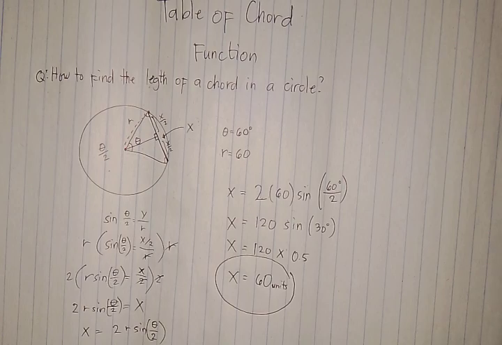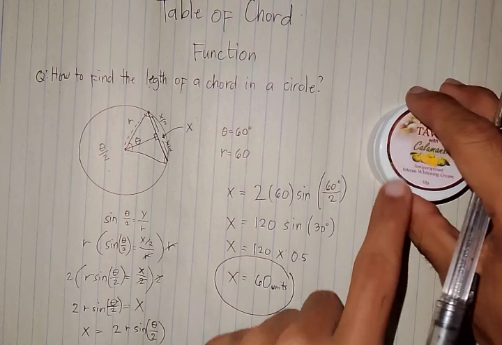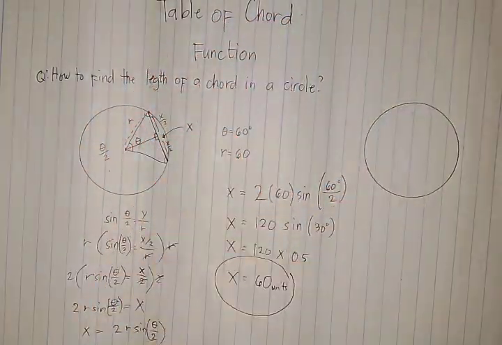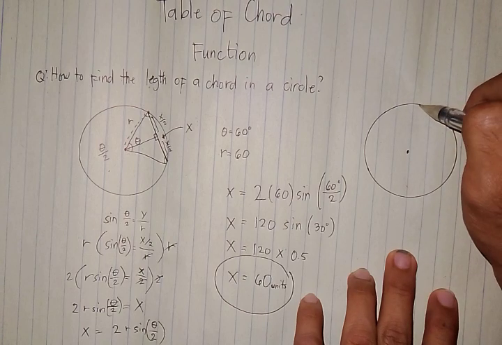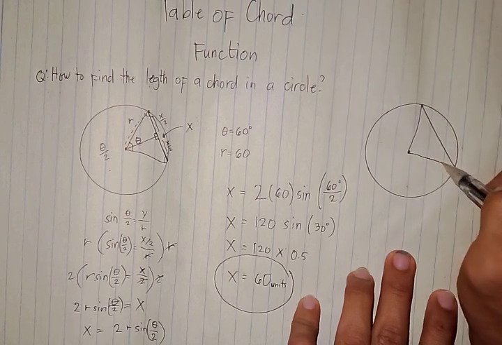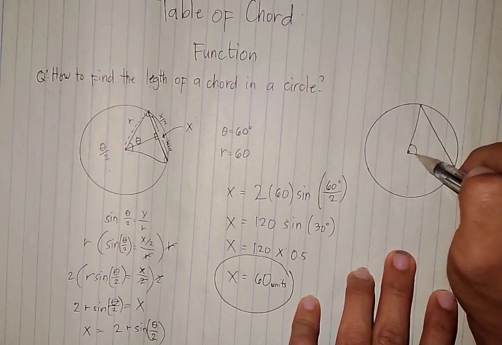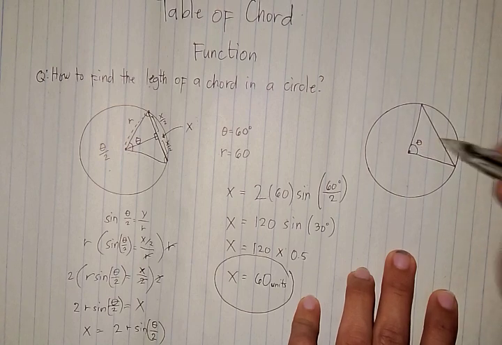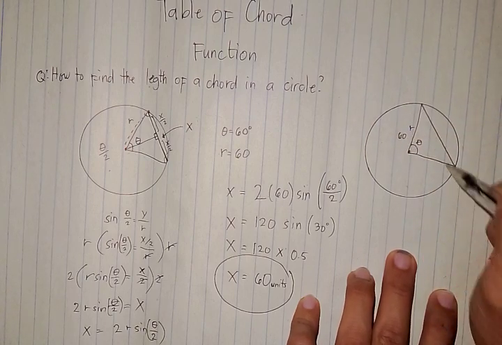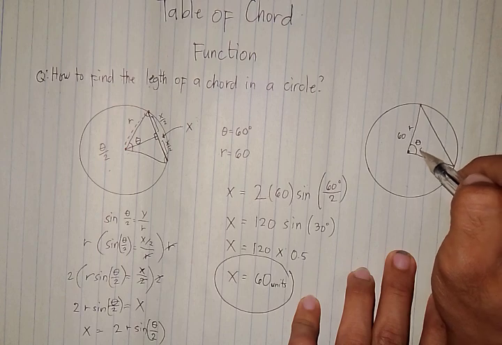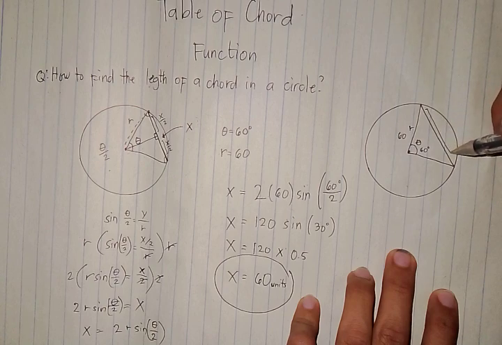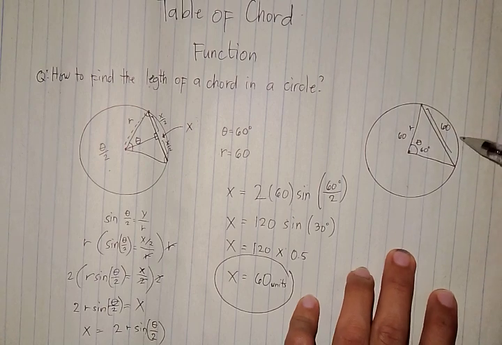Okay, so if this is a circle here, and we have a point here, then this is a chord, and we draw a line here. We know the angle theta here, and we also know the radius here. The radius is equal to 60 units, theta is equal to 60 degrees, then we can find the value of our x, which is also 60 units.